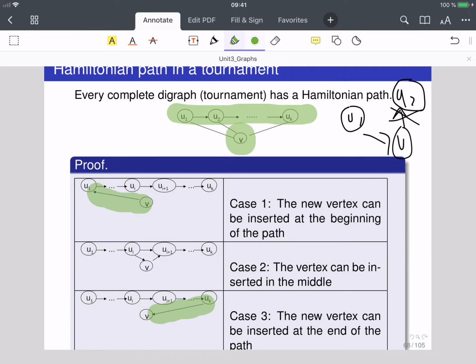If the graph is a tournament, then it is guaranteed that at least we are going to be able to insert the vertex at the very end of the graph. Okay?